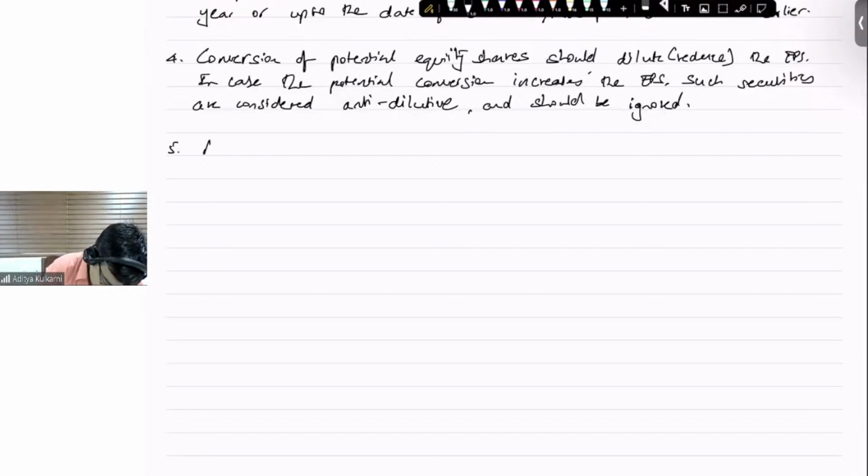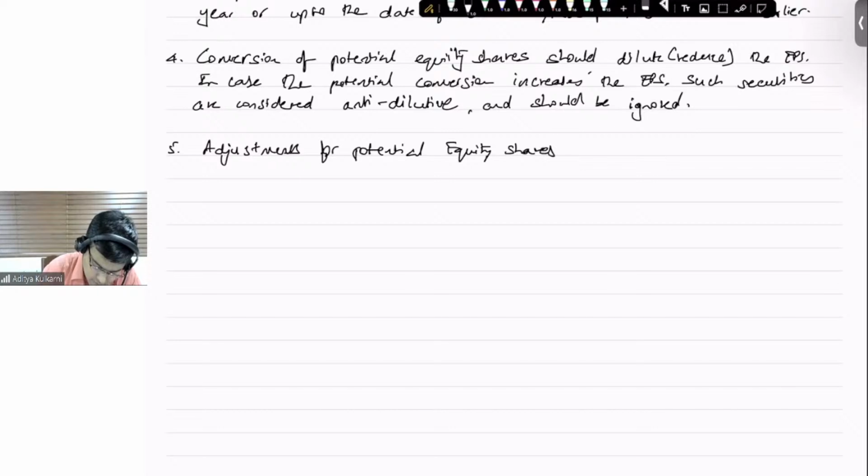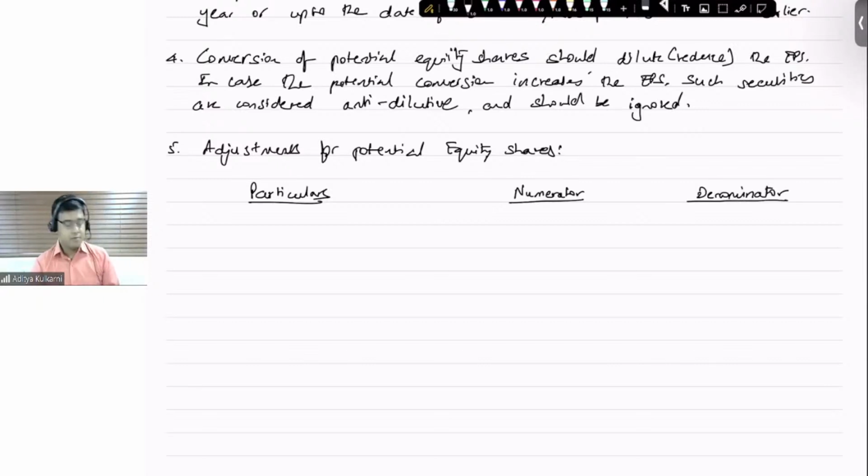So fifth one, adjustments for potential equity shares. Particulars, numerator, denominator. Okay.